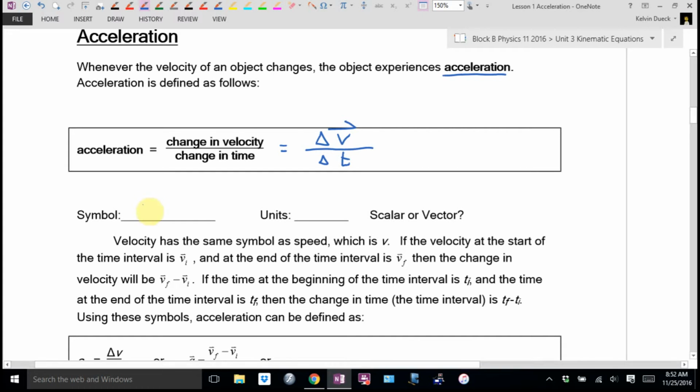Symbol for acceleration, we use a lowercase a. The units, well, v is measured in meters per second, time is measured in seconds, so it starts out as meters per second, but really what we're saying is, there's two s's on the bottom, that's meters per second squared.